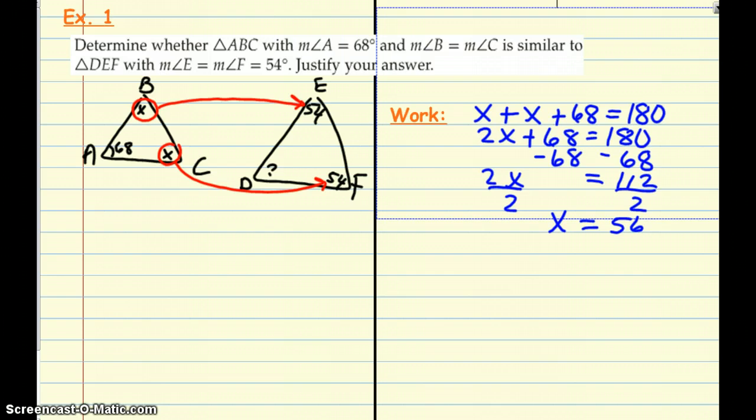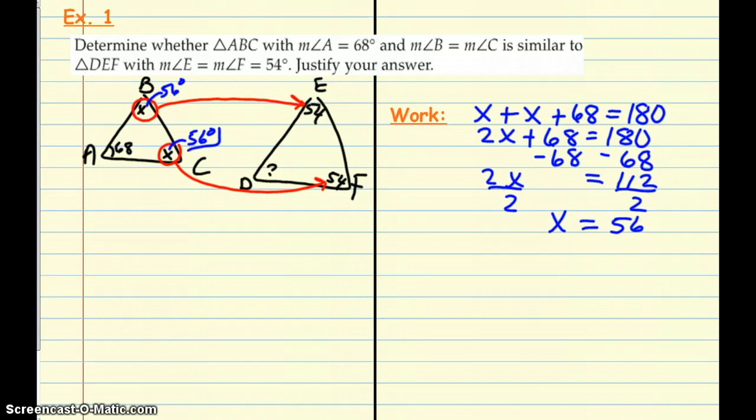So what we've just figured out is that angle X, or angle B here, is 56 degrees, and angle C is also 56 degrees. And we just got done talking about the fact that in order for them to be similar, the angle measures need to be the same.